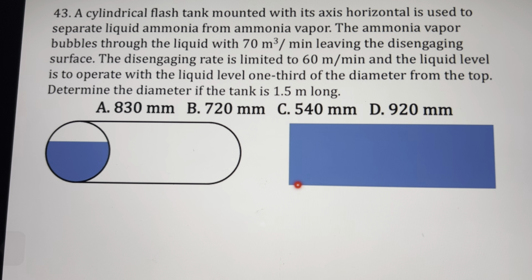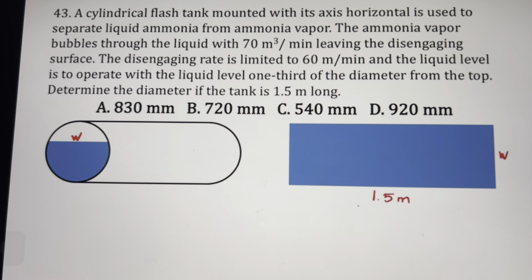This section here is also the length of our cylinder, and that is 1.5 meters. And this section, let's say this is the width, which is the same as this section. We have an ammonia vapor which bubbles through the liquid at 70 cubic meters per minute.